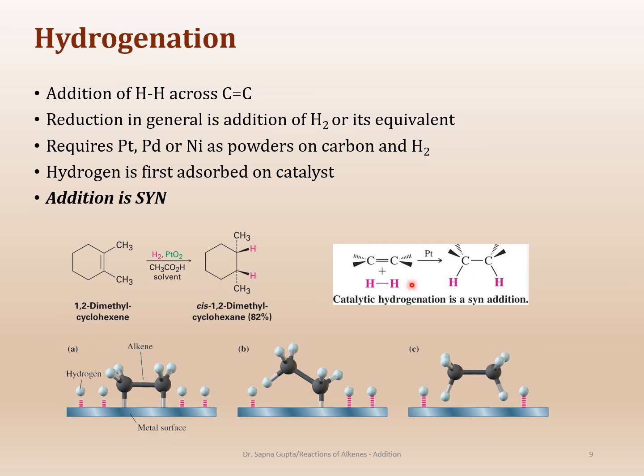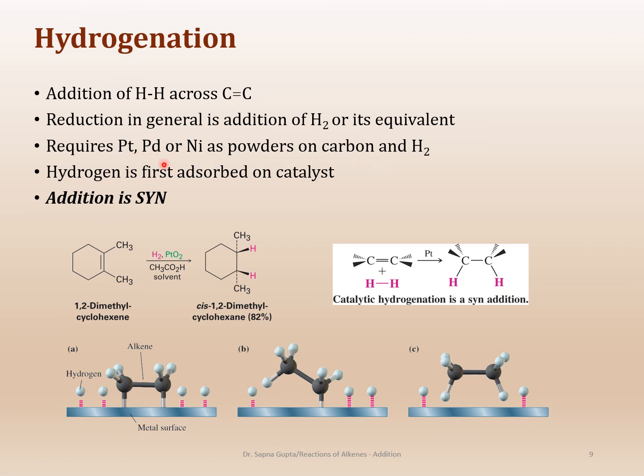So in order to help with that kind of a reaction, you need a catalyst. You use platinum, palladium, nickel. These are all heavy metals in the transition series, and they're used in order to catalyze this reaction.